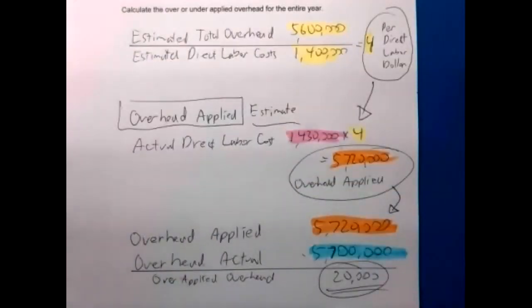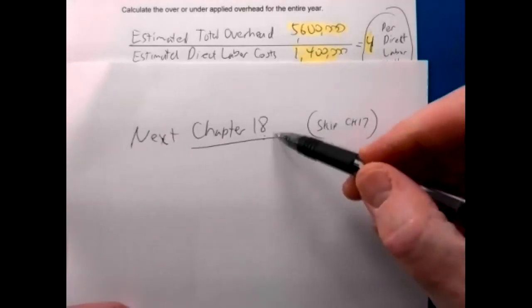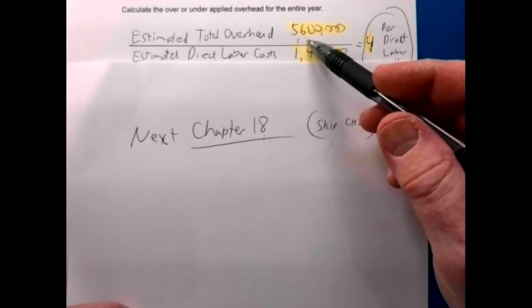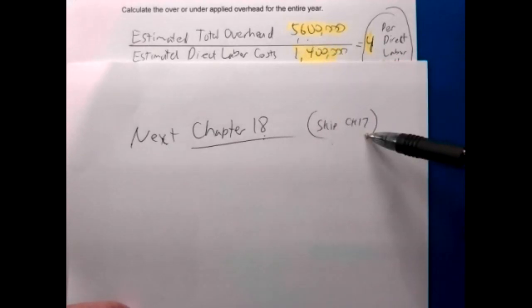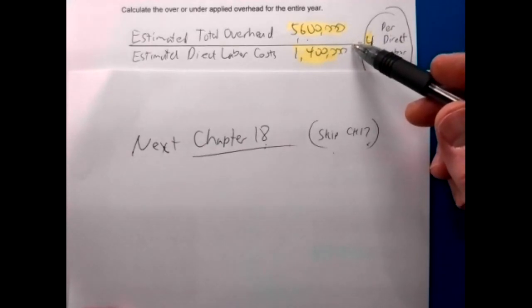Just to give you a heads up, our next chapter is 18. We're going to skip chapter 17. One of the reasons we're skipping it, and we might come back to it, is that 18 relates to this. 17 is a different take on it.